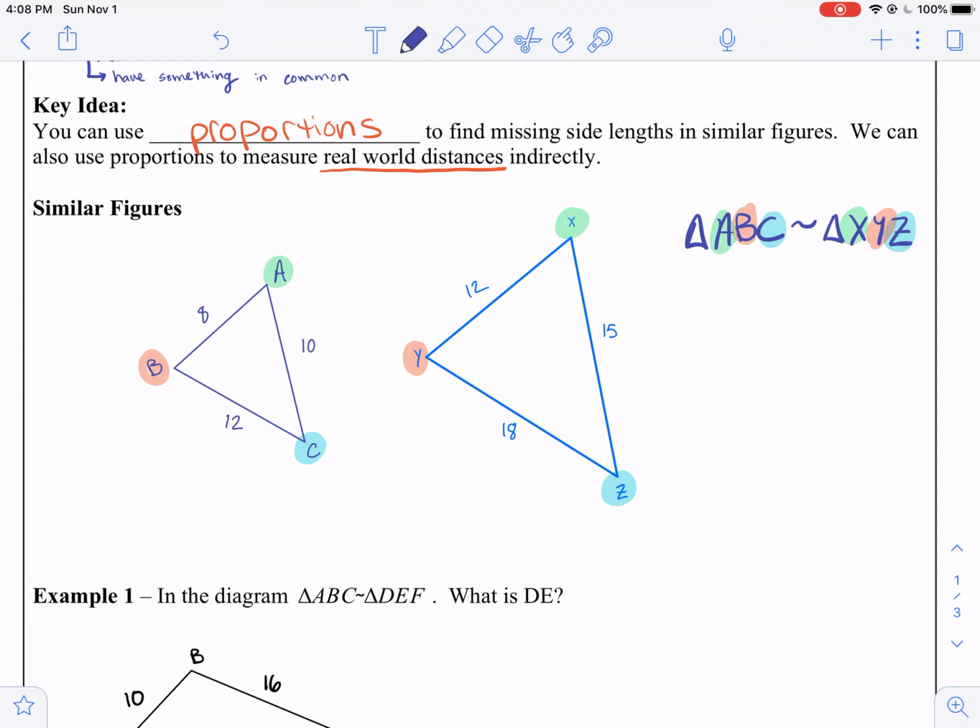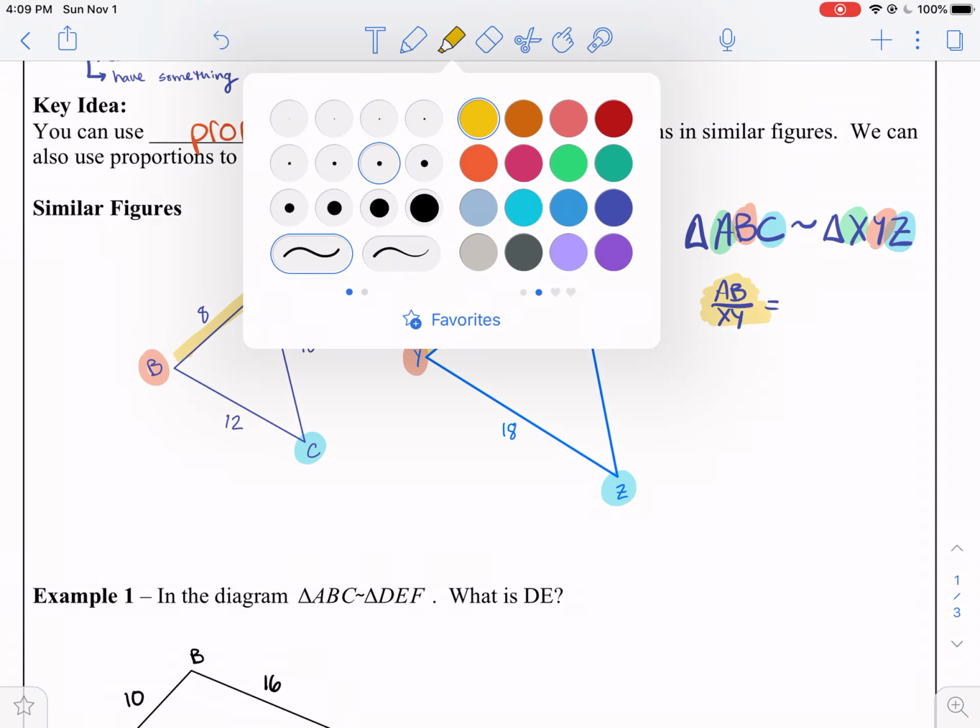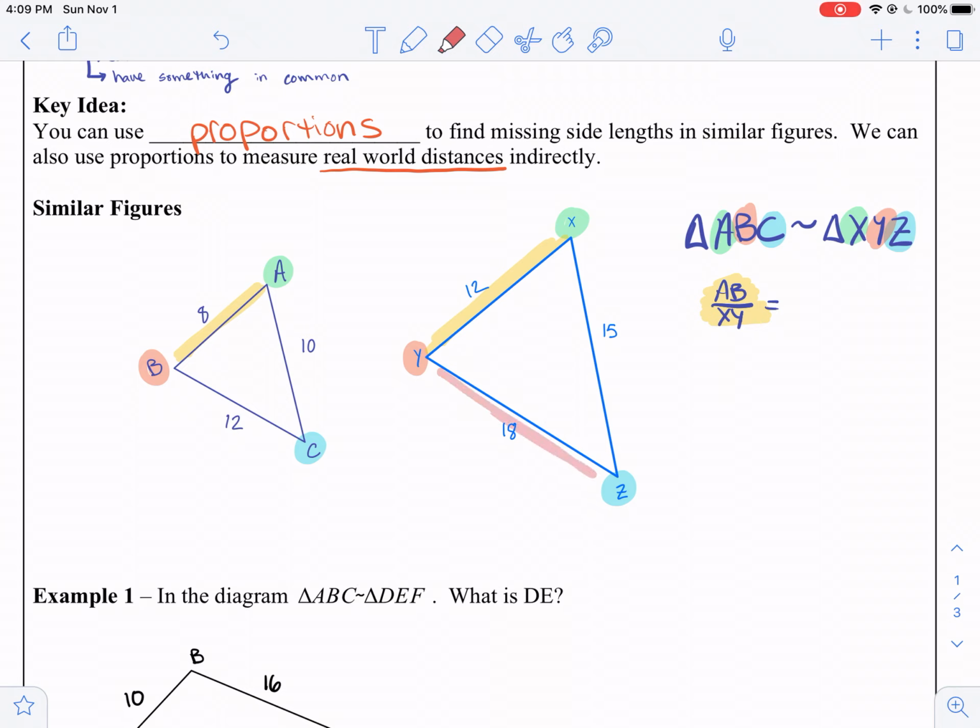Because of this, we can set up proportions. So we know that this length, man, I'm going to need all kinds of colors here today. This length of AB to XY is going to have the same ratio as BC to YZ.